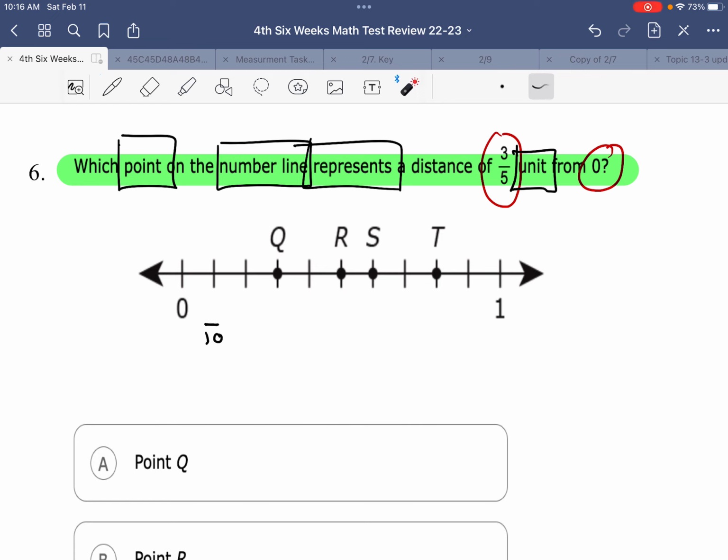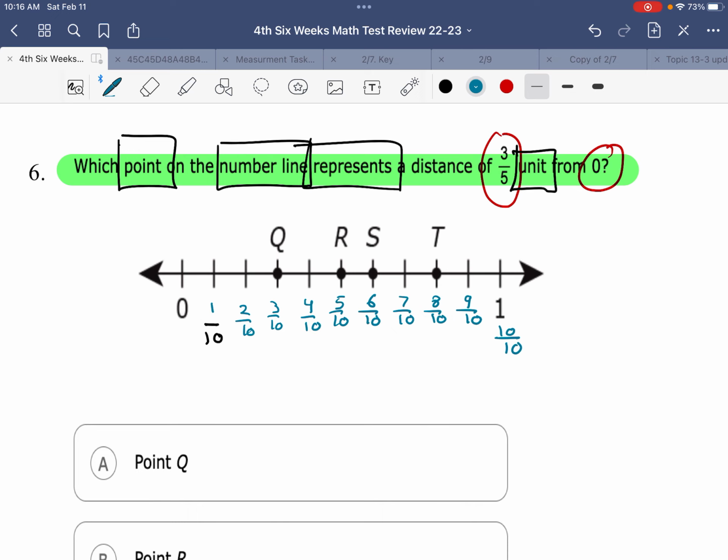Now we go back to that word unit. Okay, if you remember, a unit fraction is a fraction that has a 1 on top. Okay, so I'm going to start with 1/10, and then next is 2/10, and then 3/10, 4/10, 5/10, 6/10, 7/10, 8/10, 9/10, and 10/10.